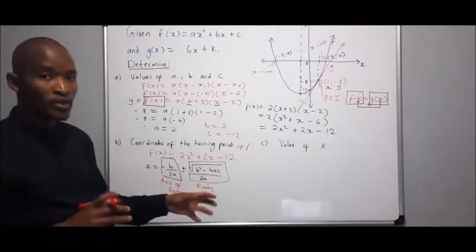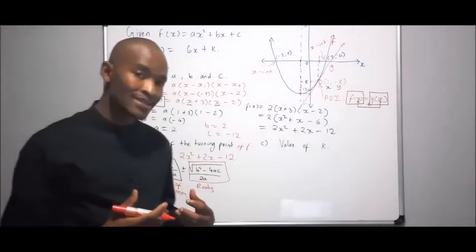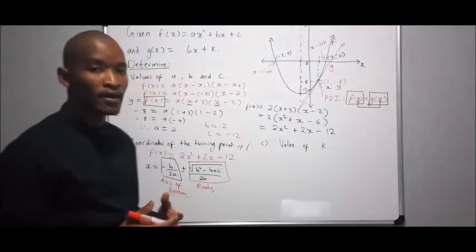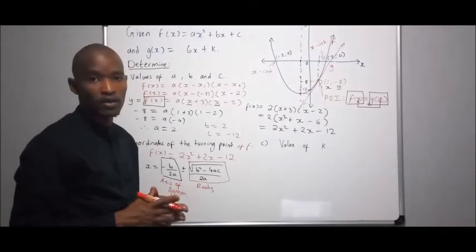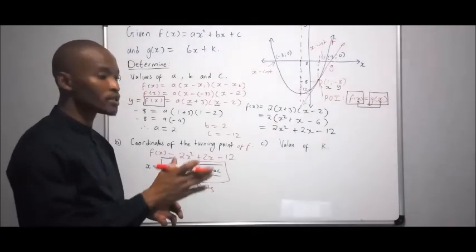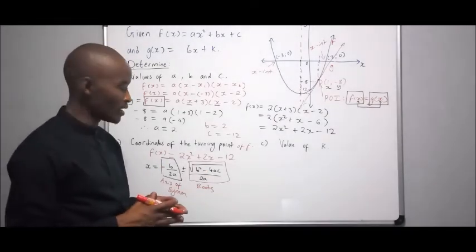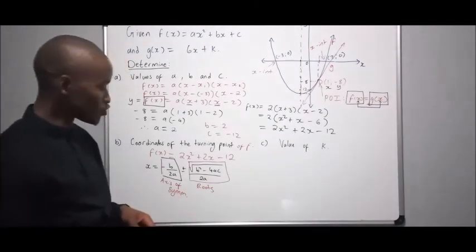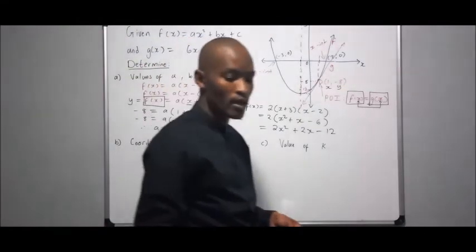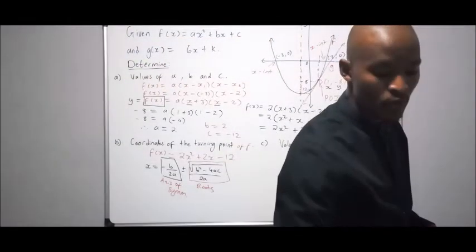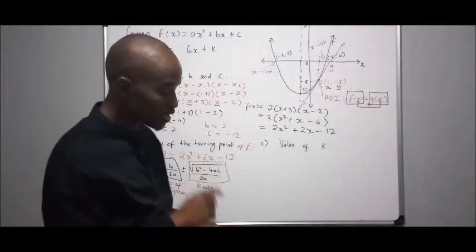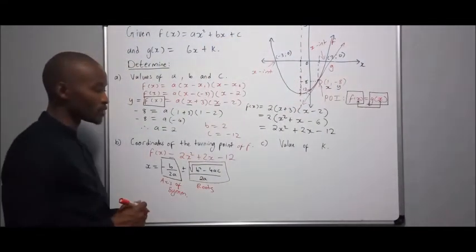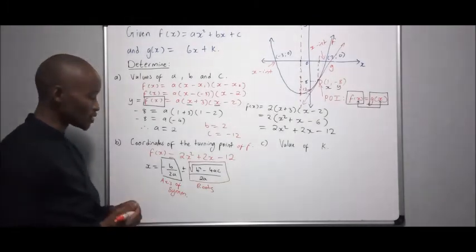If it's 0, it means there's one x-intercept, and at that x-intercept, our roots are equal. It will only touch the x-axis like that, and the roots can also be rational and irrational. So it's very important to understand the meaning of the equations we're using in mathematics, which allows us to solve problems.